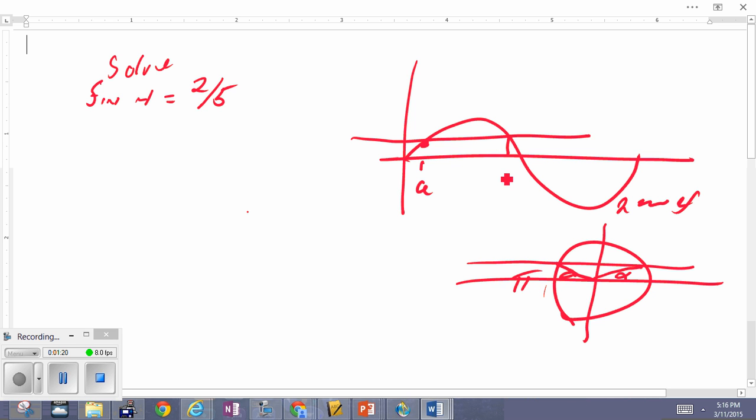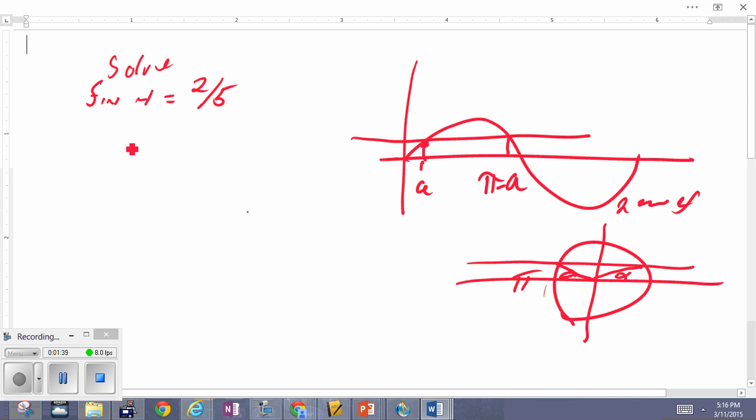So what I do is I say, given this value is where it strikes, the other value is going to be at pi minus A. And of course, we can illustrate that quite easily on the calculator. Which means, again, we have to go to our calculator.